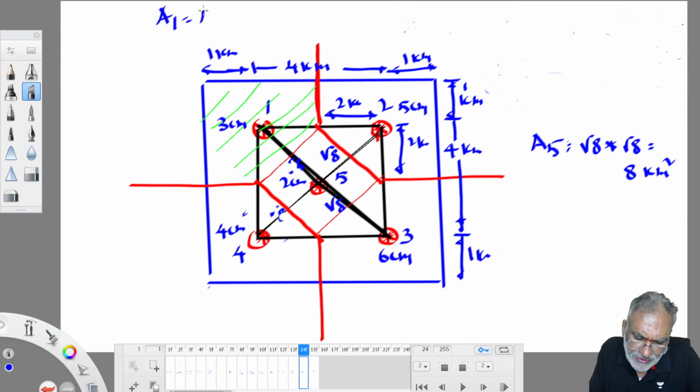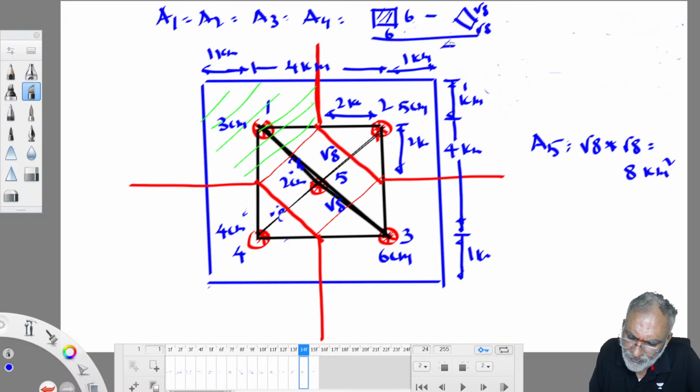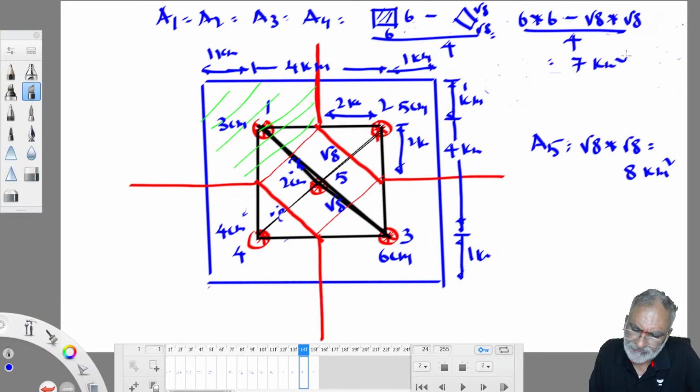So A1 is equal to A2 is equal to A3 is equal to A4: total square area 6 into 6 minus the diagonal area, root 8 into root 8, divided by 4. So it is 7 kilometers square. Understood? The diagonal is for the central portion.